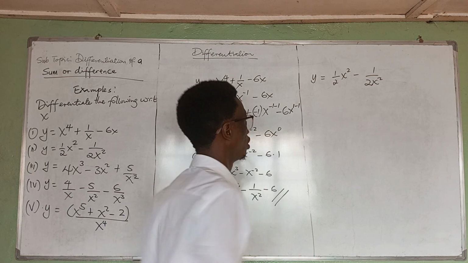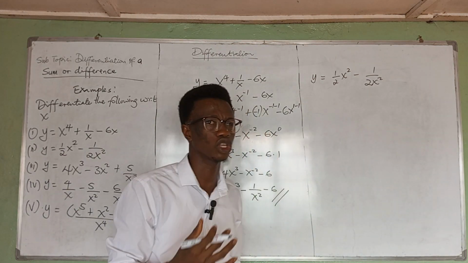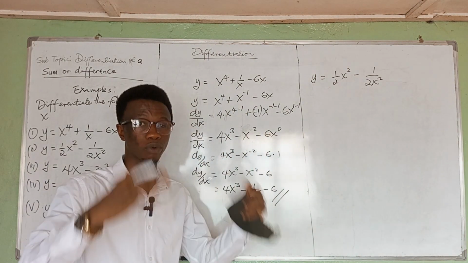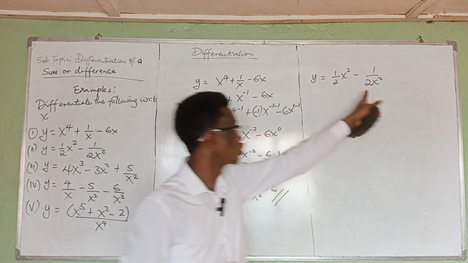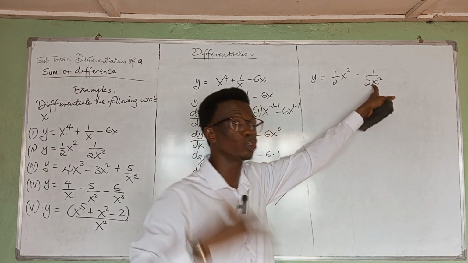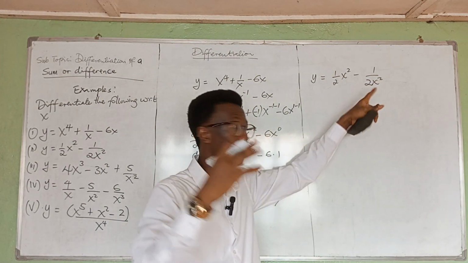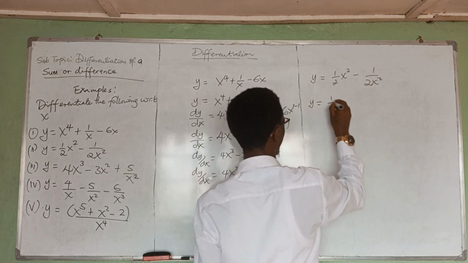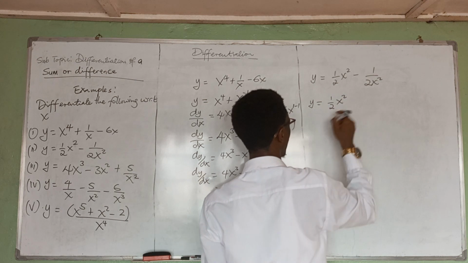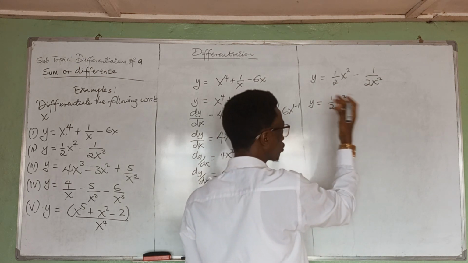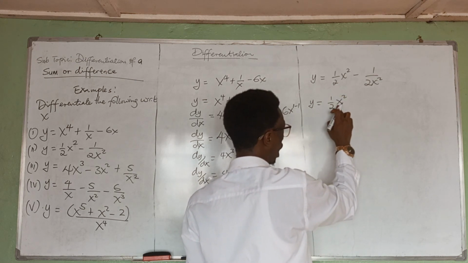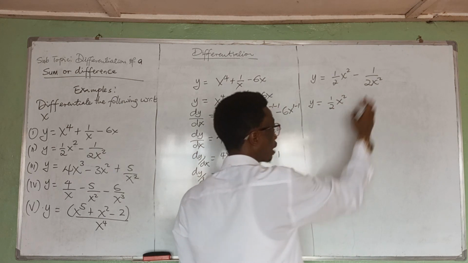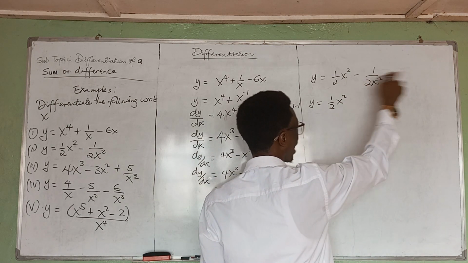Okay, so the fractions I'm talking of, when the variables are the ones you have to change to whole numbers. So this becomes y equals half x squared. So what I meant is this: this one is already a whole number, but this one is not, because it's 1 over x squared.